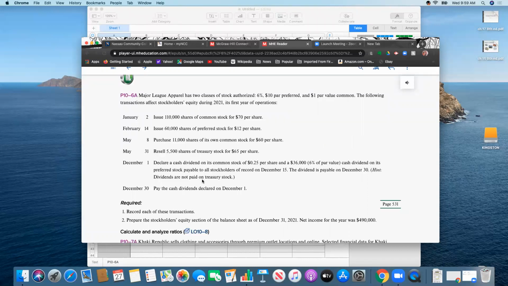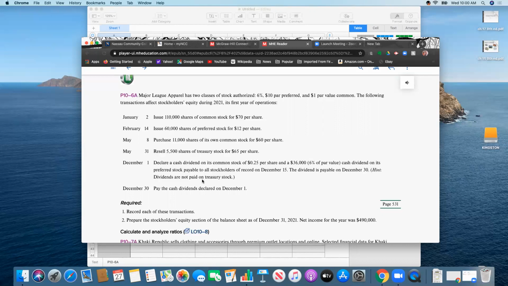So look at what they want you to do. Record each transaction. Right? So in journal entry form, we're going to record the transaction. And then they say prepare stockholders' equity section of the balance sheet at December 31st, the net income for the year was $490. Okay, so in order to do that, now again, if this was a classroom and I could draw on a board, I would draw T accounts.